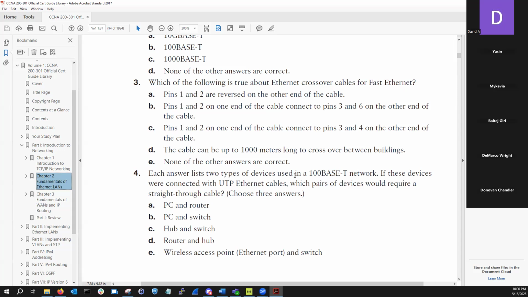Because they transmit on pin 1 and pin 2, and they receive on pin 1 and pin 2. I agree with that. Final answer? Yeah.